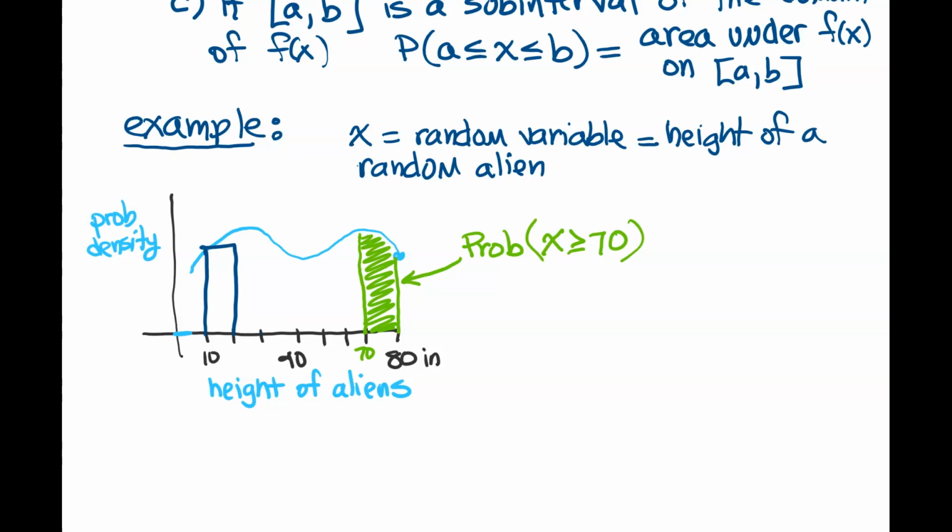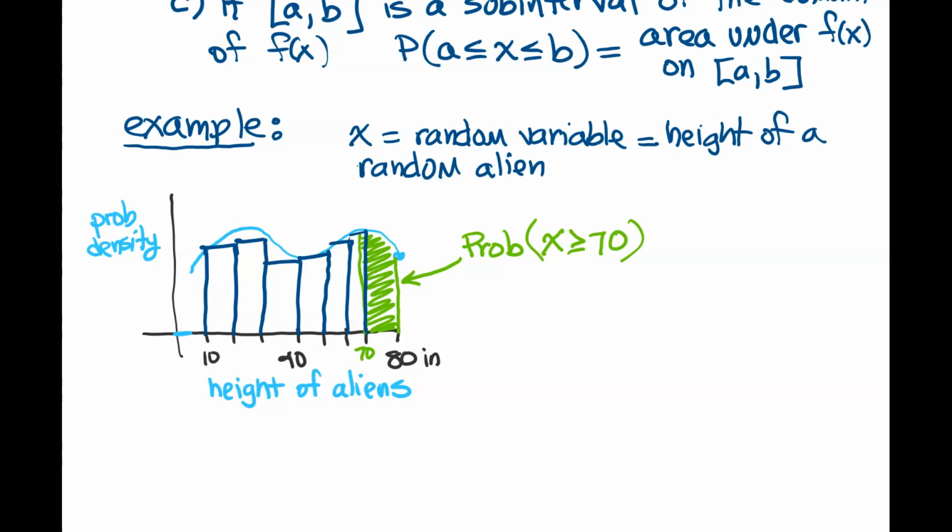If you were to chart the heights of aliens, you'd have something more like this. The similarity is that histograms and probability density functions show the distribution of heights of these aliens, show you the range of all the possible heights, and give you the likelihood of each height.